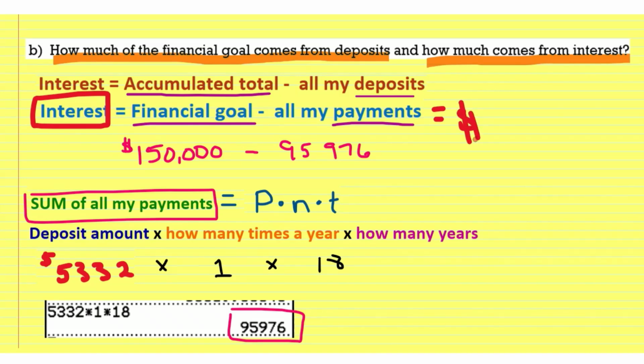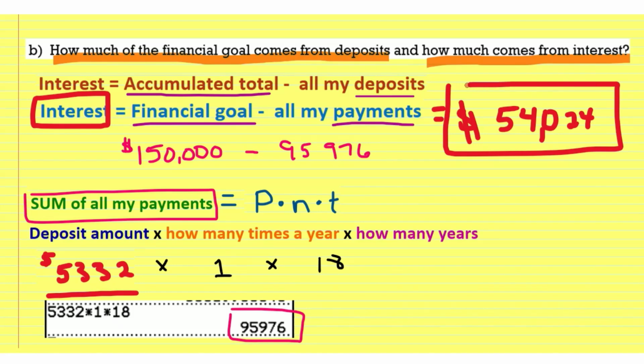And the difference between those two numbers is going to be $54,024. So when I make all these payments, $5,332 once a year for 18 years, my annuity is going to pay me $54,024 in interest.